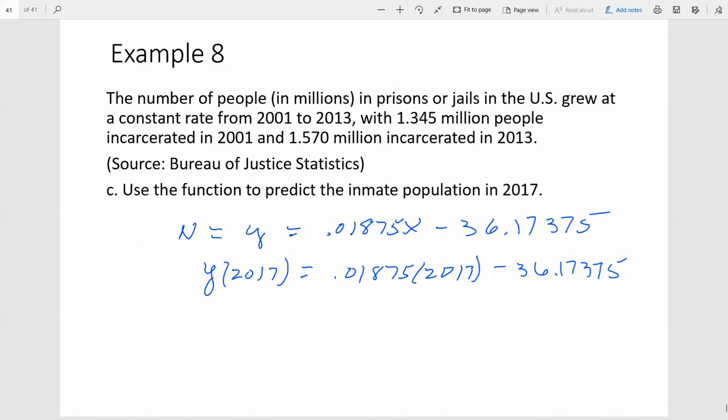And that is equal to 1.645 million. So that's the number of incarcerated prisoners in the year 2017, predicted by the linear model. And that's all of this video.